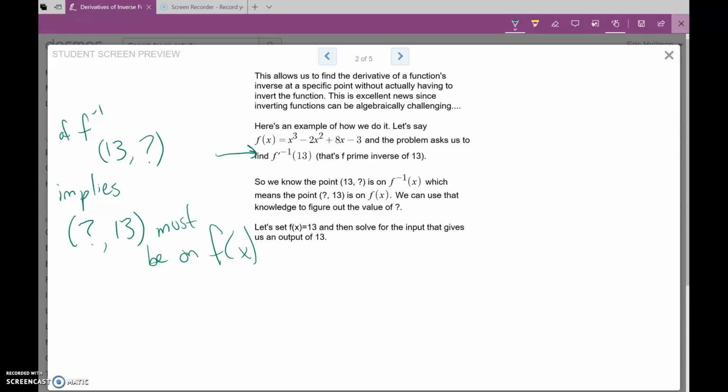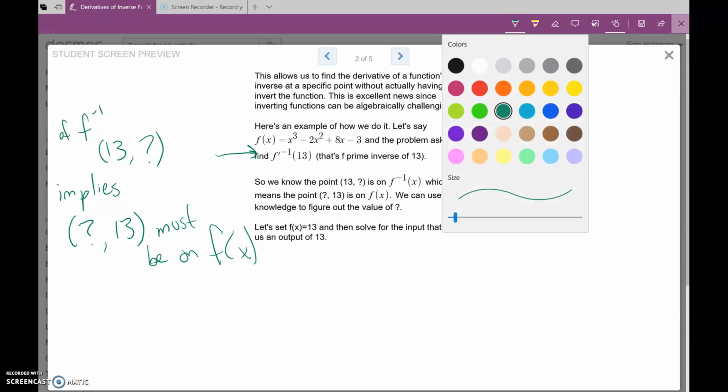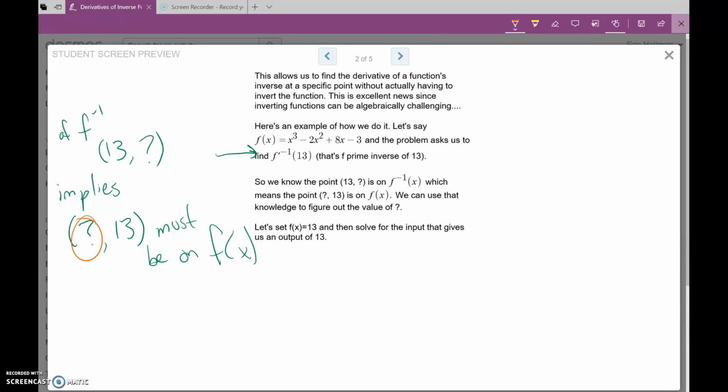So if we want to figure out what the input value needs to be, so what question mark needs to be in order to get an output of 13, we can do that because we have an equation. So I want to solve for what input I need to put into f in order to get 13 out. To do that, I'm just going to set f of x equal to 13 and solve.